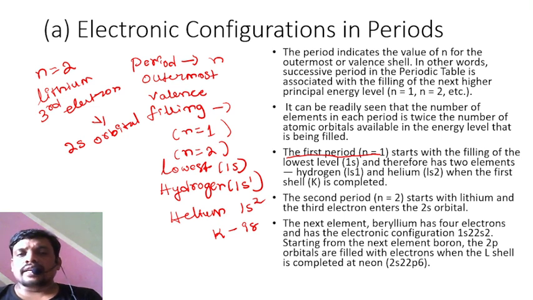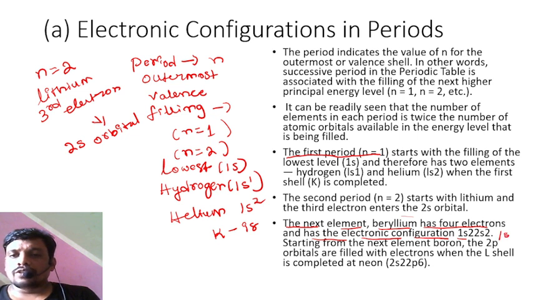If you take one more example, beryllium has 4 electrons and has the electronic configuration 1s2 2s2. Here I will write the electronic configuration: 1s2 and the second s orbital, 2s2.